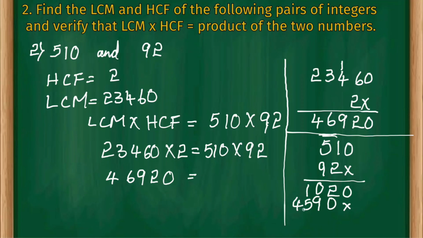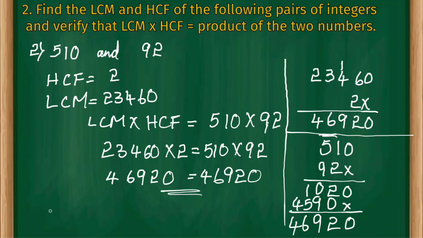By adding these two, we will get the answer. So 0, then 2, 9, 6 and 4. As you can see, we have got the same number on both sides. That means our answer is correct. Hence we verified that LCM into HCF is equal to the product of the two numbers.